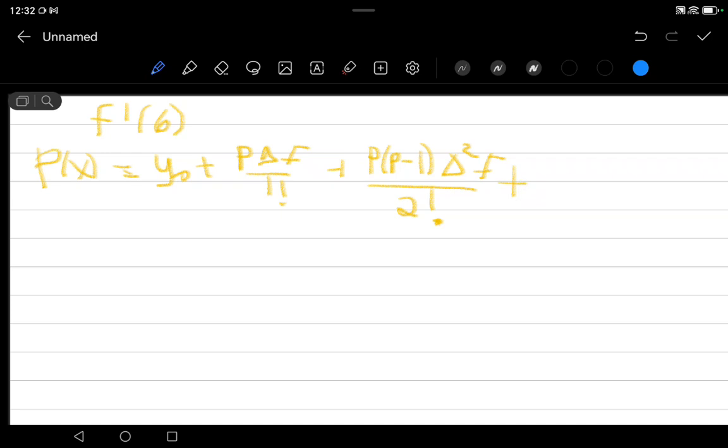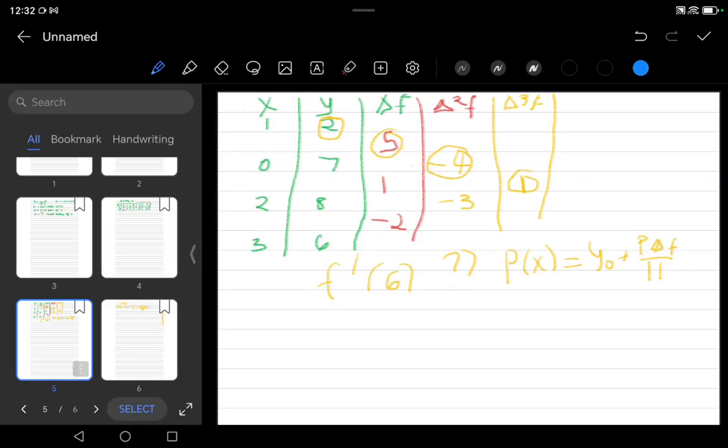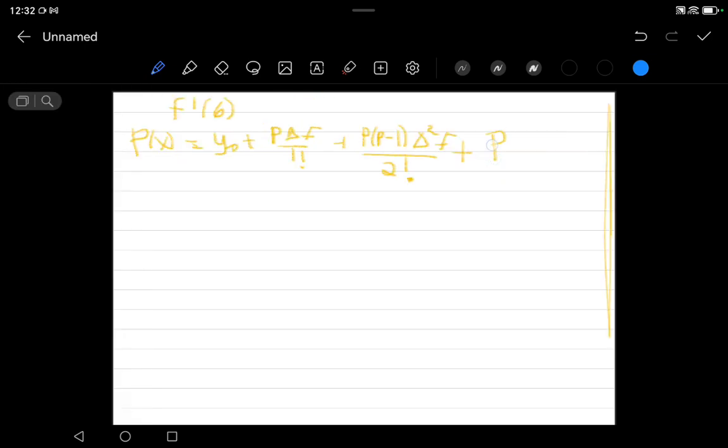Remember our table, where did we stop? We stopped at change to the power of 3f. Plus p into p minus 1, p minus 2, change to the power of 3f over 3 factorial.